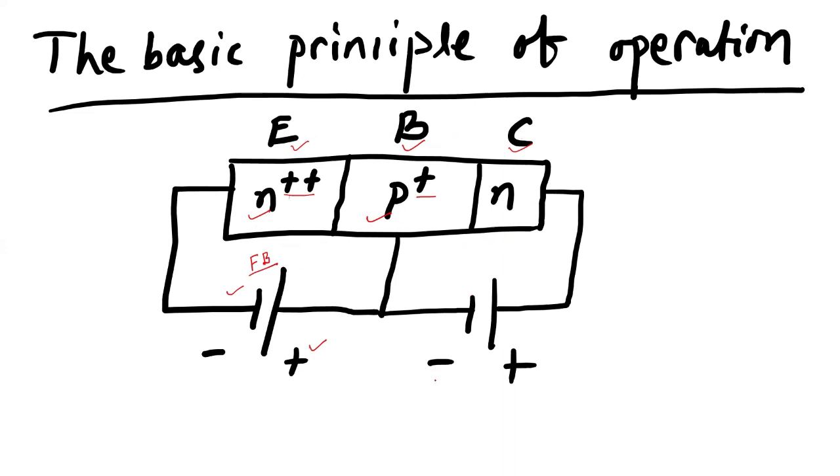So P is connected to the negative and N is connected to the positive. So this is in reverse bias condition. So BC PN junction is reverse biased and BE PN junction is forward biased. Okay, this kind of mode of operation of the BJT, we call it as forward active operating mode.